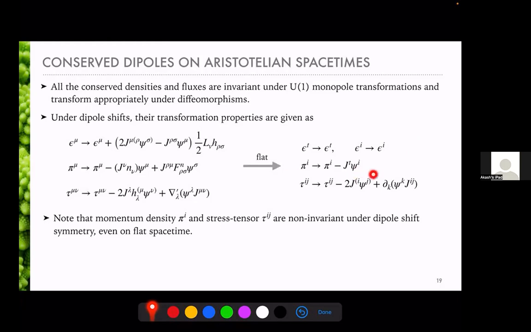Momentum density is not dipole invariant, it transforms like this. And this again makes sense, because if you are in a state with non-zero density, non-zero JT, then of course momentum will not be invariant, because a flow of a charge density is not invariant in our theory, since we are not allowed to move our particles. And the same is true for the stress tensor as well.